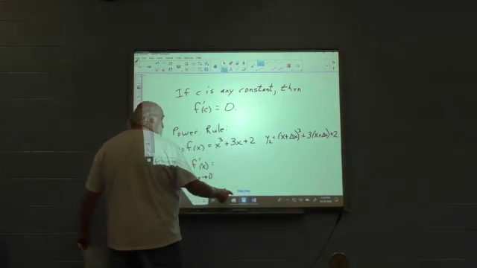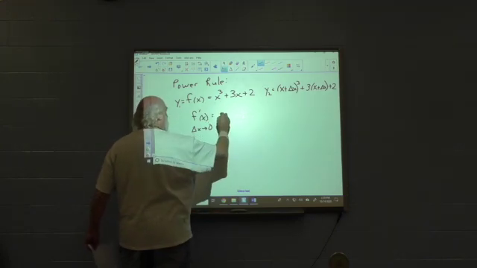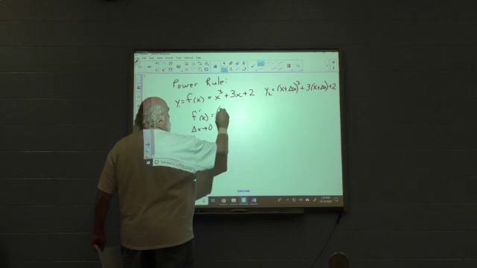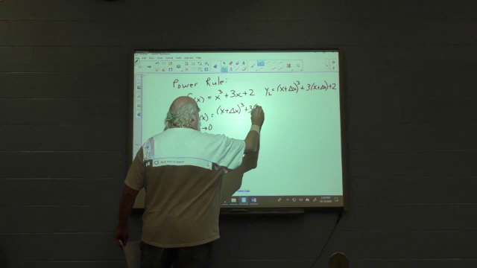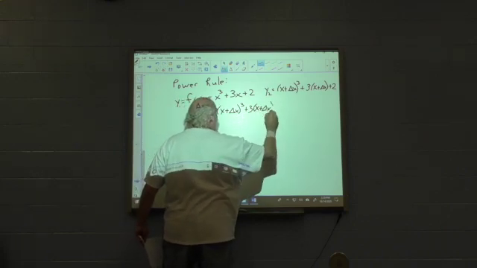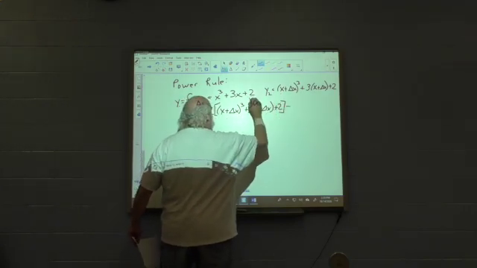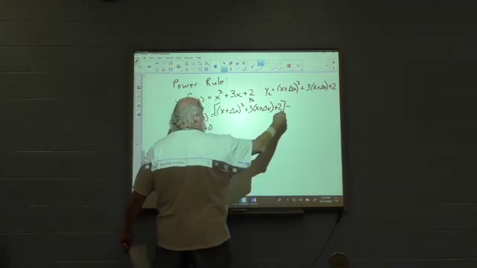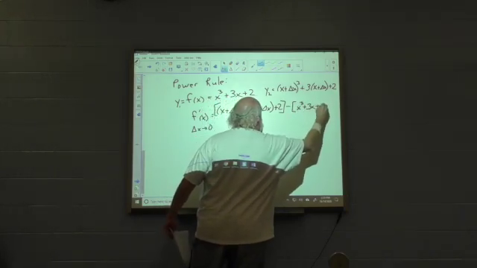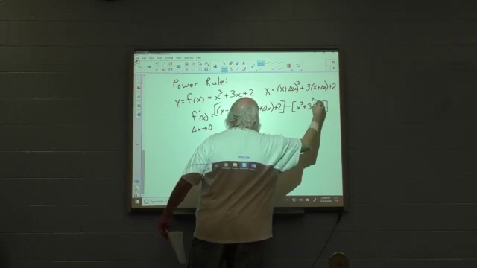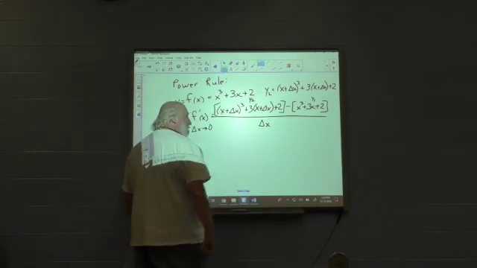So when we find the slope, this is going to be y2 minus y1, so that's x plus delta x cubed plus 3 times x plus delta x plus 2. That's your y2, minus y1, which is x cubed plus 3x plus 2, and that'll be your y1, all over your change in x, which is x2 minus x1, better known as delta x.